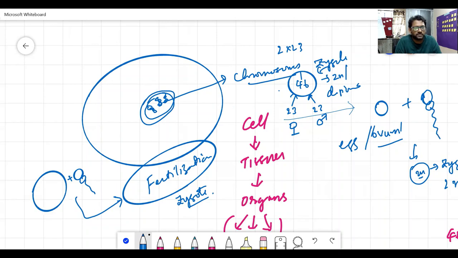For example, all these characters would be segregated during cell division.